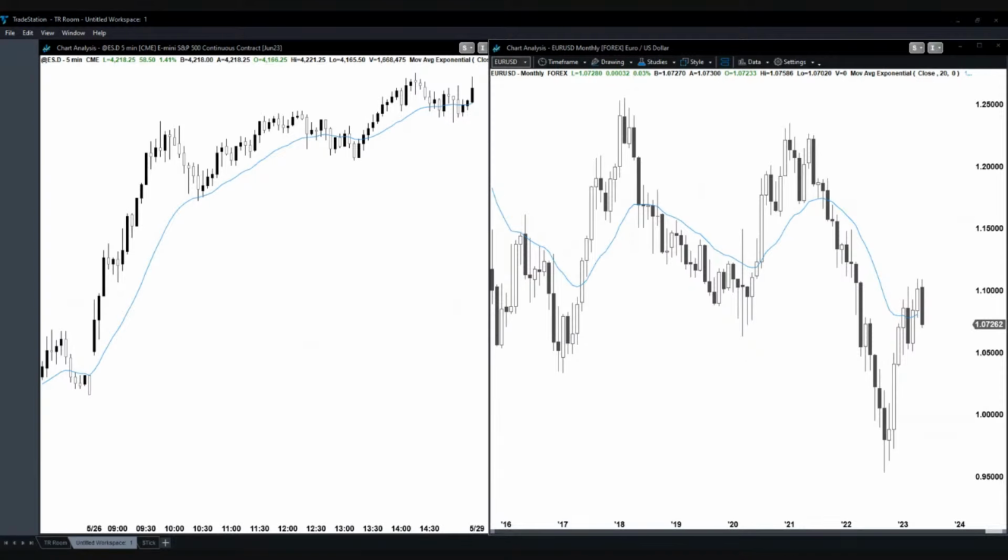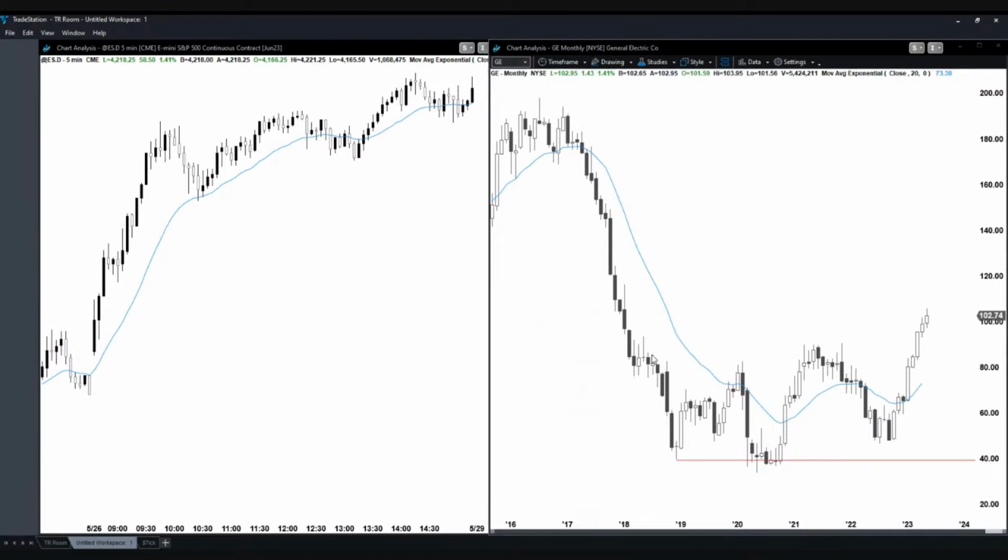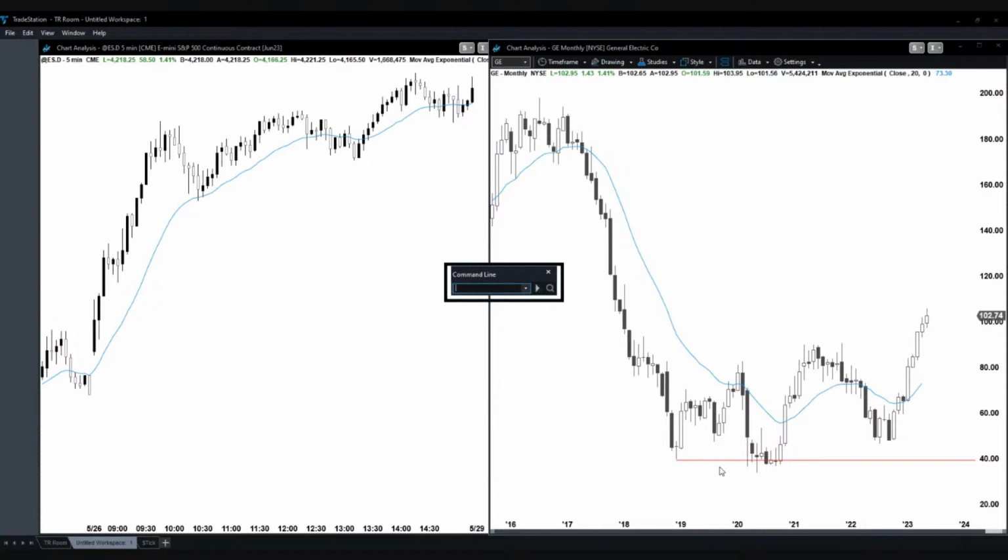And that is basically when, GE was a good example of that several years ago. So you can see GE on this chart, there's a red line right here.